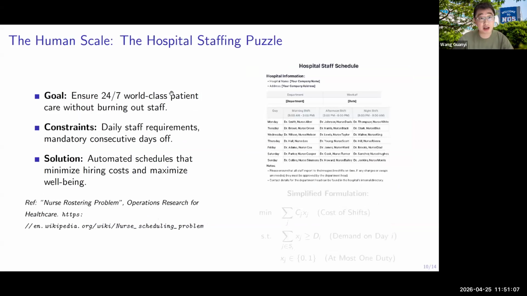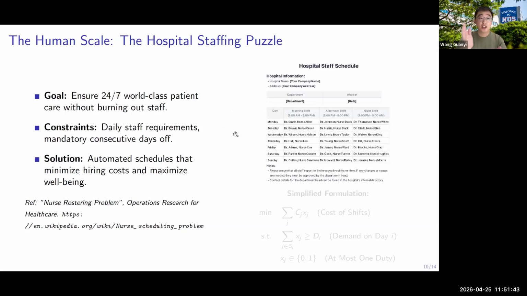The next example is about the hospital staff scheduling problem. It tries to ensure that at every time, 24 hours a day and 7 days a week, we always have enough doctors and nurses in the hospital. But the constraint is the following. Every doctor and nurse is just a human, not a machine, so they have their own requirements.